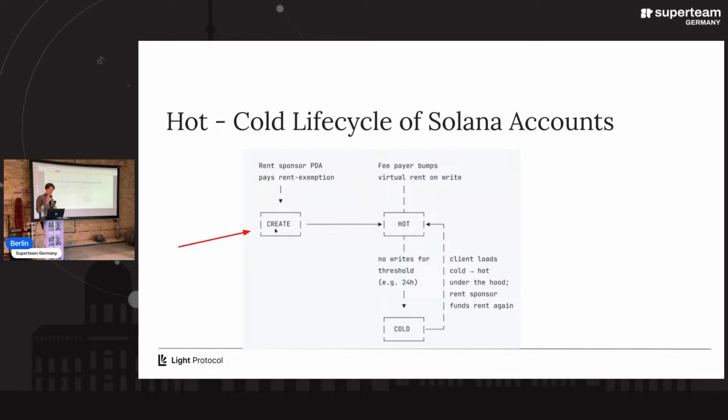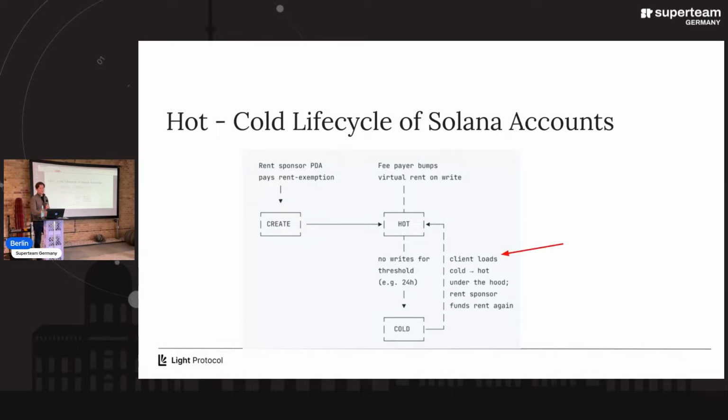But one thing I forgot to mention earlier is that rent exemption is reclaimable as soon as you close the account. And the cool thing is that the ZK compression primitive allows you to close accounts and reopen them without any data loss. So what happens is the account is active and you have transactions writing to it. Then you don't anymore, and after approximately, I think the current default is 24 hours, it turns cold, and we close the account and reclaim the rent.